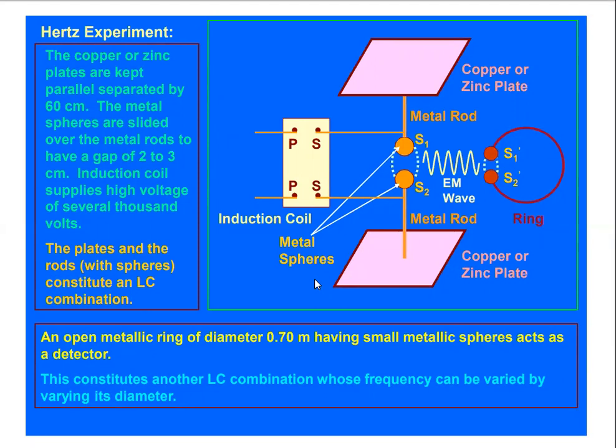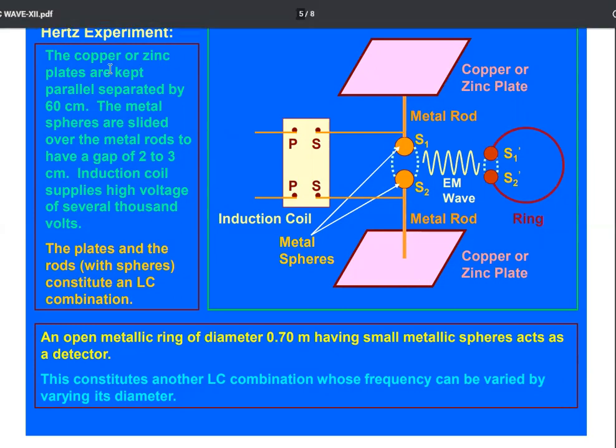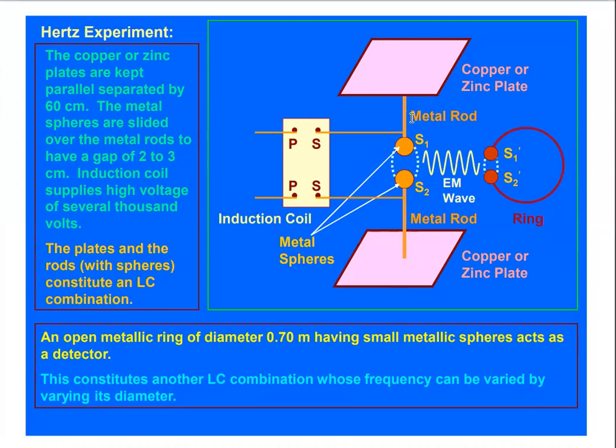And Hertz experiment consists of two metallic plates, one with copper and other with zinc. The copper or zinc plates are kept parallel and separated by 60 cm. And these two plates is just acting like a parallel plate capacitor.